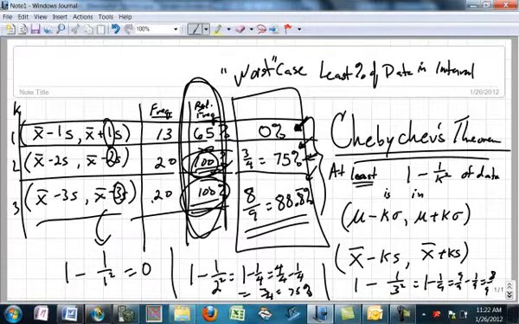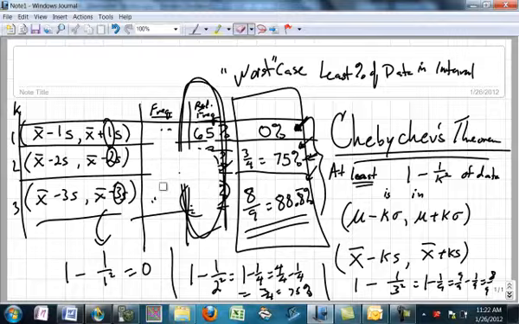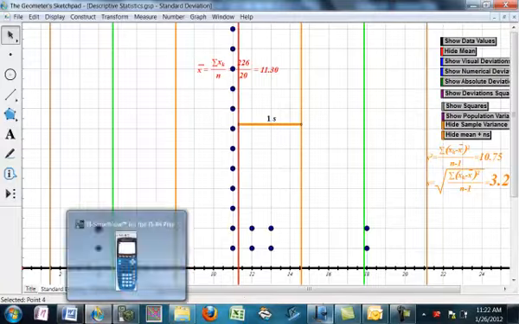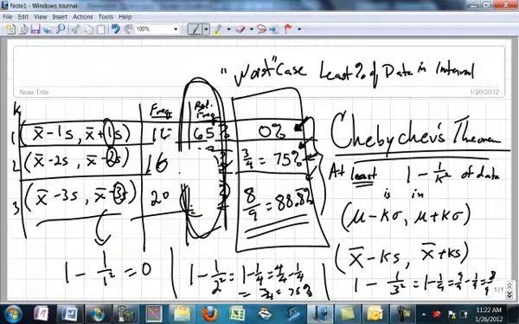So what would that change our numbers to over here? So in this case we had 20 within 3. We had all but 4 within 2 standard deviations, so that's 16. And then actually all 16 of those were within 1 standard deviation. So what does that work out to be? That's 80%.